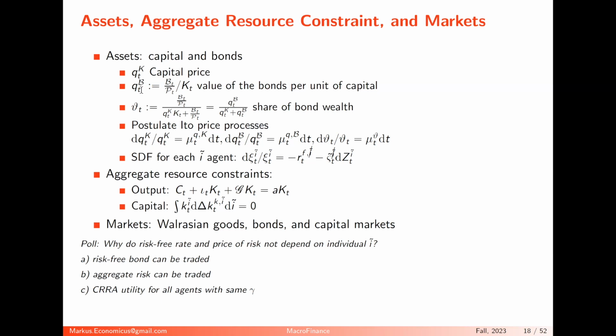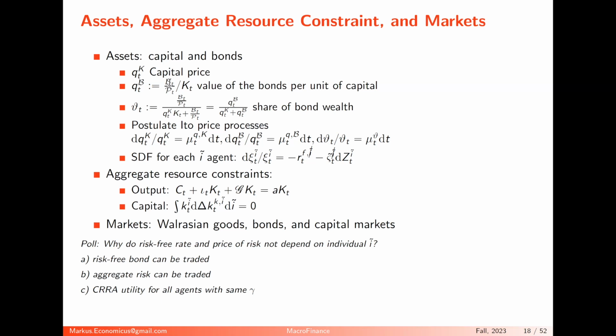The numeraire is the consumption good. We will later introduce a different numeraire, but the numeraire for today will be traditionally one consumption good, one apple. This is the value of the government bond, so it's an endogenous thing. It's the value of all government bonds outstanding.